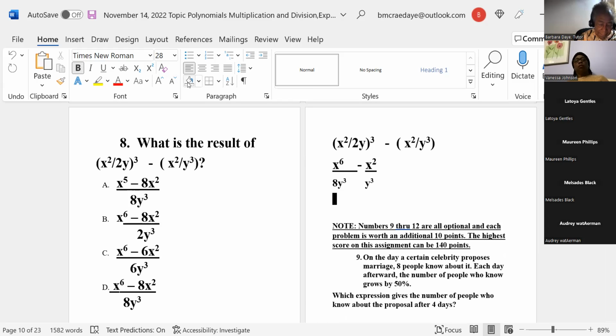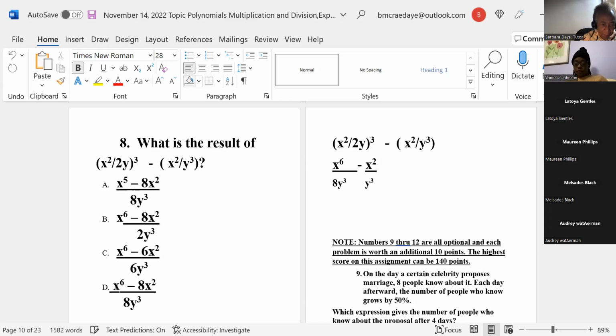X was equal to x to the 6 minus 8x to the second power. So what's your next step? Something that you've done a lot. What would you do? Next step.